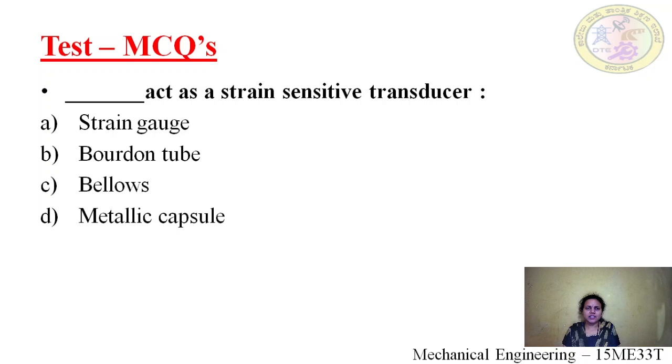Dash acts as a strain sensitive transducer. Which among the following acts as a strain sensitive transducer? Option A, strain gauge. Option B, Bourdon tube. Option C, bellows. Option D, metallic capsule.